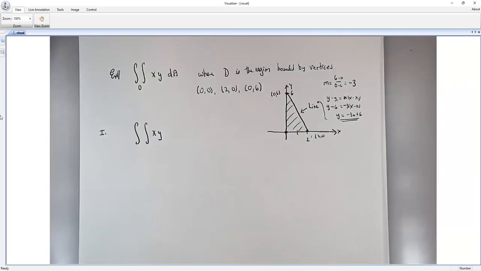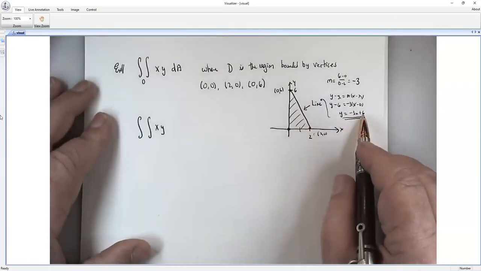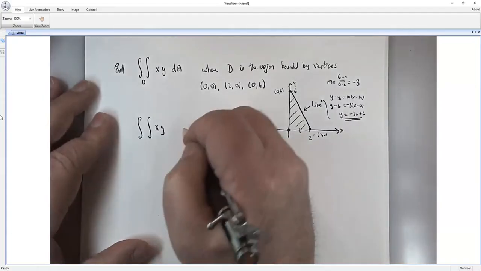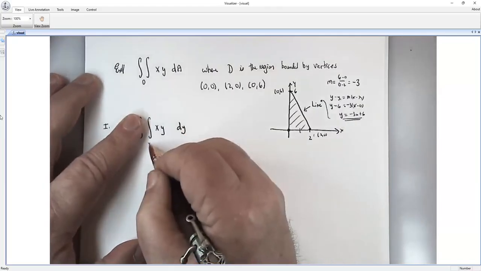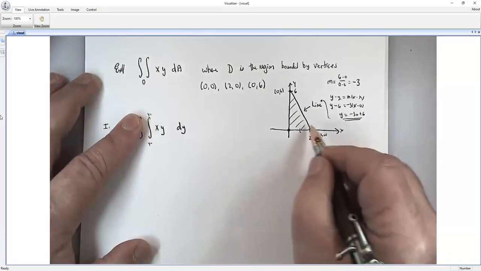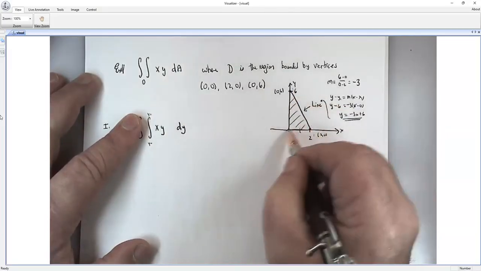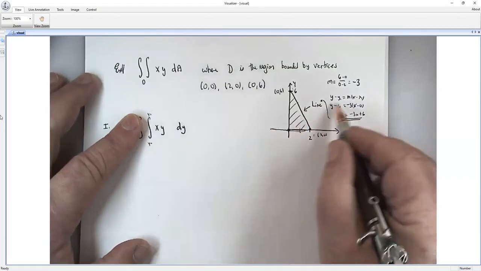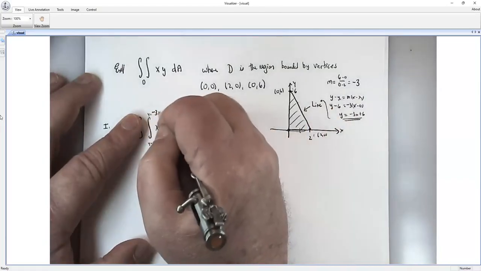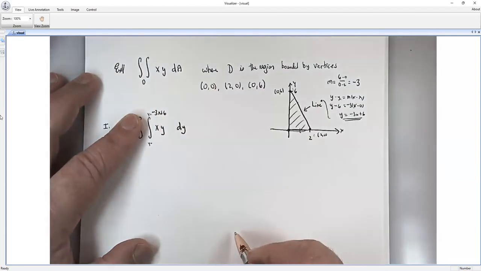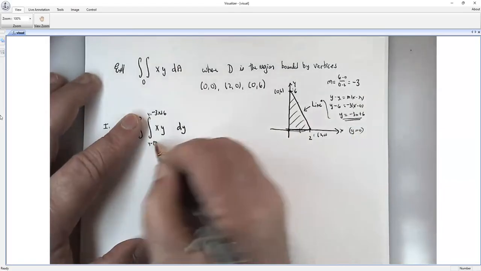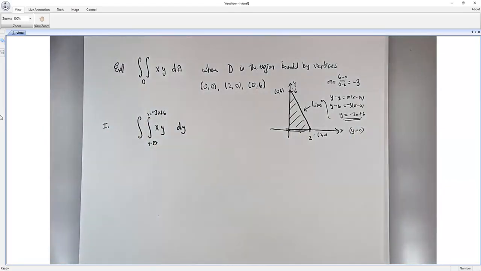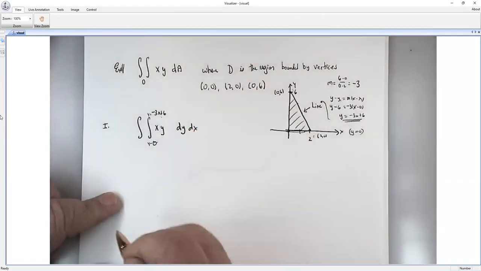Since this is a function in terms of x, the way I would integrate this, I would do dy first. If I do dy first, these will be y numbers, and these are regions. So if I do dy, it's top, bottom. What's on top is the function y equals -3x plus 6. What's on bottom of this region? That's an equation right there. What is that? The x-axis, y equals 0. So it's from 0 to -3x plus 6. Then I'm going to do dx.